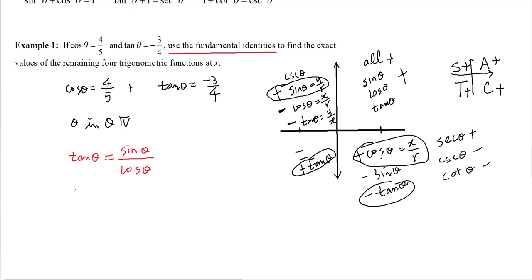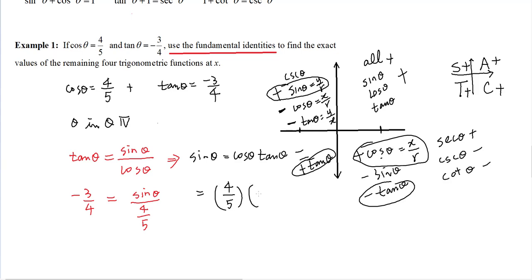Tangent theta is negative 3 over 4, and cosine theta is 4 over 5. And this implies sine theta is equal to, I multiply cosine theta on both sides, cosine theta times tangent theta. So I can simply multiply cosine theta, 4 over 5, by negative 3 over 4, which is tangent theta.